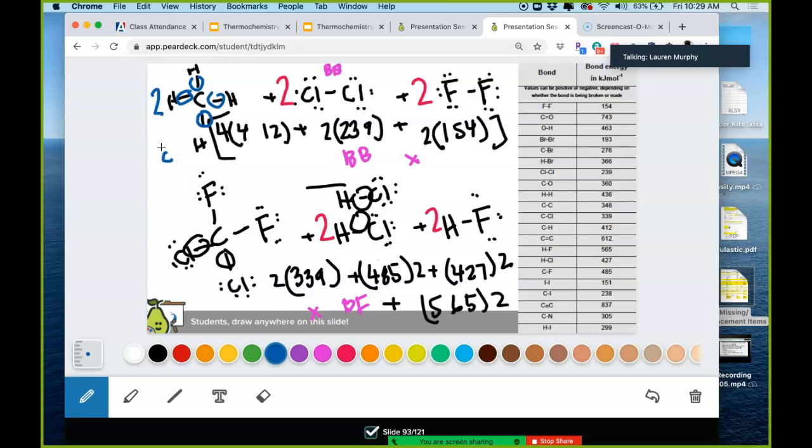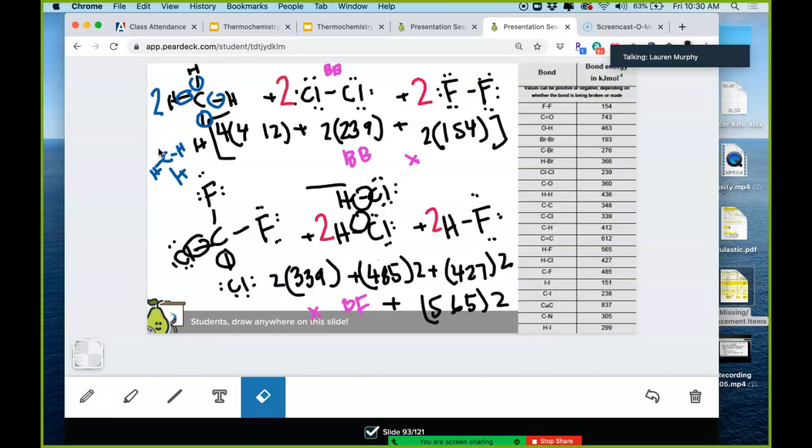But if I had to draw it twice, which is really what the 2 out front means, that is a total of 1, 2, 3, 4, 5, 6, 7, 8. So you have to account for the number of bonds within the molecule as well as how many of the molecules you have. Very good question. Both you have to account for.